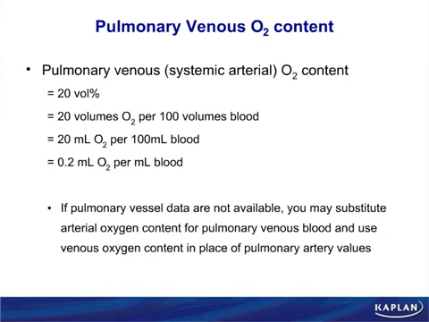You can substitute venous oxygen in place of pulmonary artery values, but then it will no longer quite be accurate. So most likely you will be given pulmonary artery volume percent and systemic arterial volume percent. And that systemic arterial will be from a peripheral blood vessel.